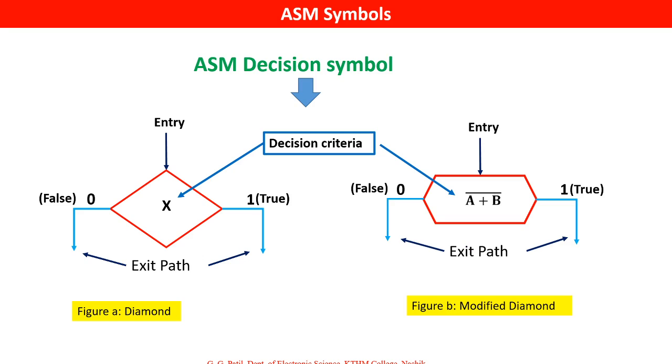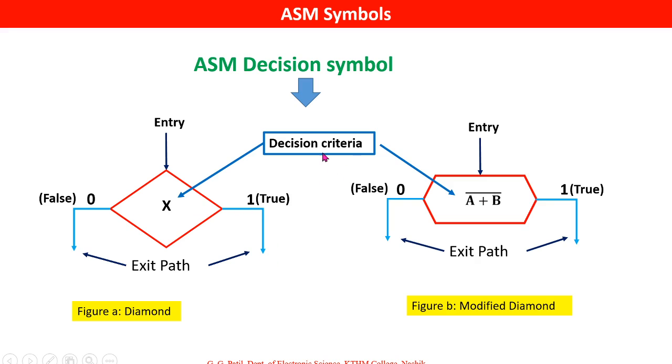Then the ASM decision symbol. Here a diamond and modified diamond, it is shown in two ways. For the decision symbol, a diamond is used. This is the entry to that condition, and inside the diamond that condition is to be evaluated, and after the evaluation if it is false, this path will be followed, and if it is true, it is followed by this path.